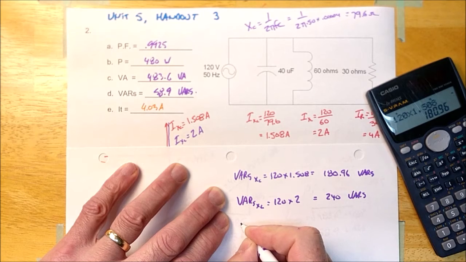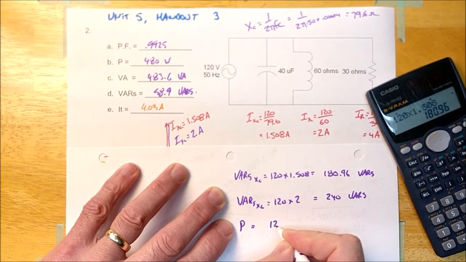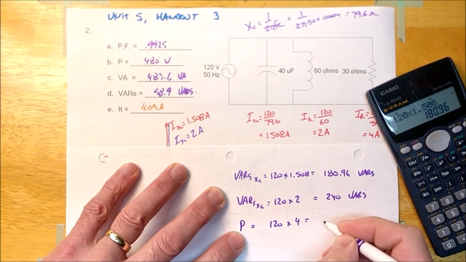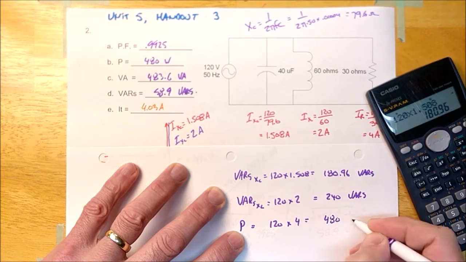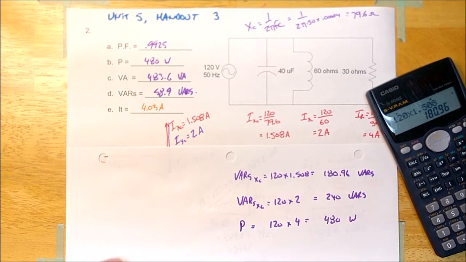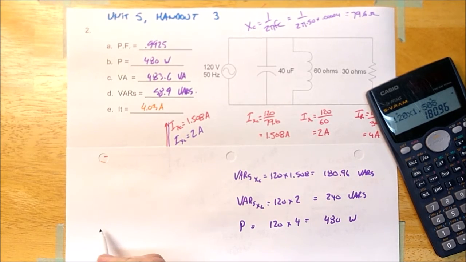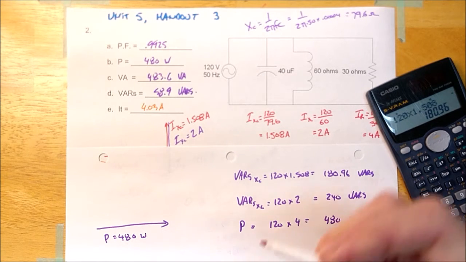Then I could have calculated the true power. It would be 120 times 4, which is 480 watts. Okay, and then I could have started drawing my power phasor diagram, and it would have 3 phasors in it. It would be true power, 480 watts. It would have VARs XL.